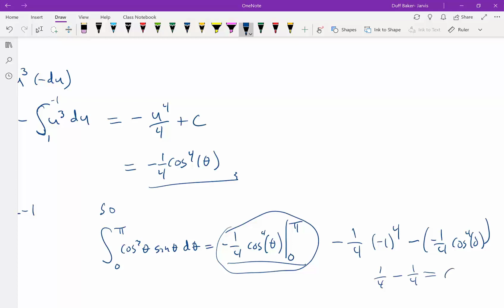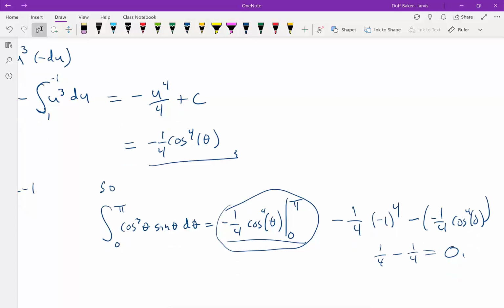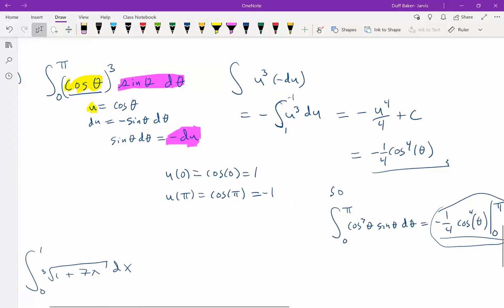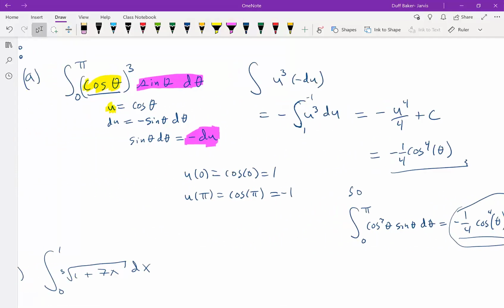Does that really end up being 0? I don't remember, but it's fine if it does. That can happen, right? There could be some positive areas and some negative areas that cancel out. Okay, so questions about that one?